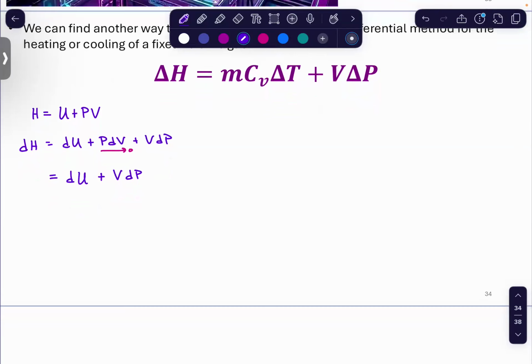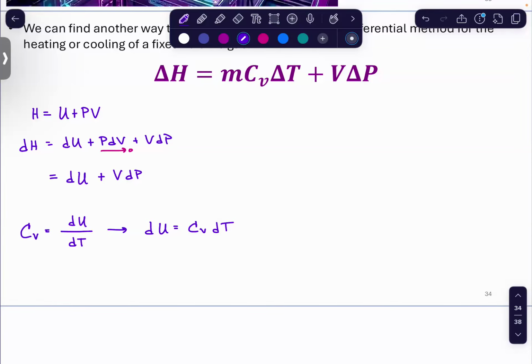Now, by our definition that we start with, our heat capacity is going to be the change in energy over the change in temperature. So this is the temperature derivative of internal energy, or dU is going to be CV dT.